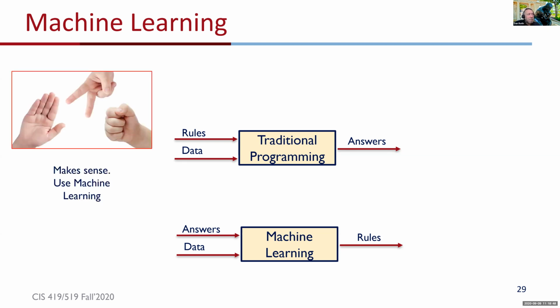Now, in some cases, this is really important. Think about this example. Think about rock, scissors, paper. This is a very, very good example where a traditional program isn't going to work, right? If you want to look at these images and identify, is it a rock or a scissor or a paper, it's going to be very difficult for you to write this program.